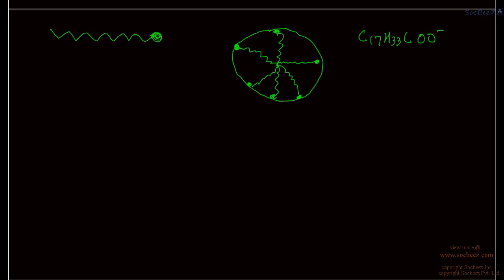So, for example, C17H33COO negative. So this is the tail, this is the head, this is hydrophobic and this is hydrophilic, and these species, when immersed in water, form this type of structure.